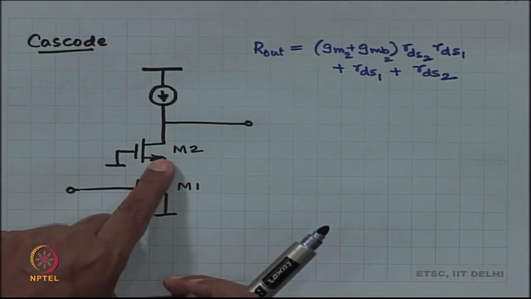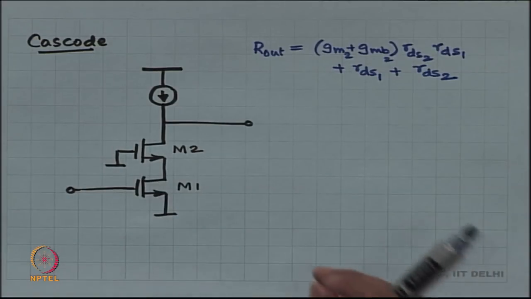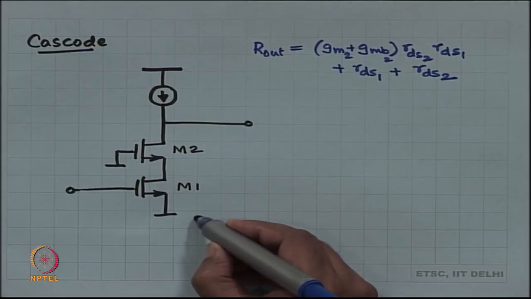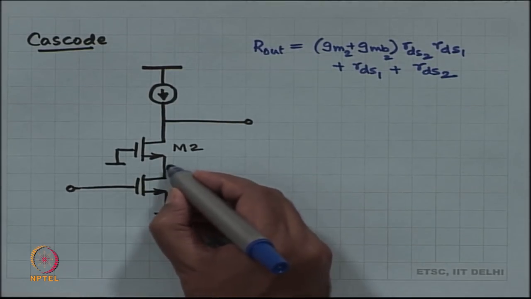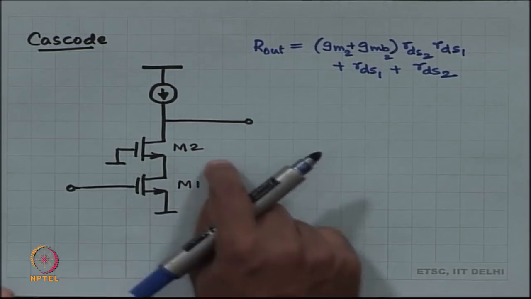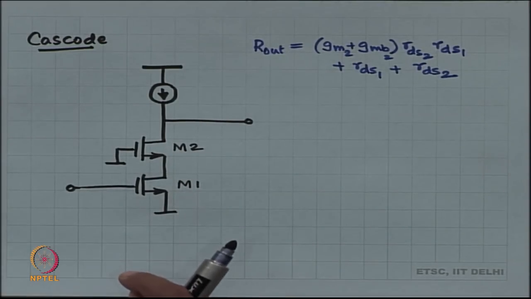The current now has to distribute itself between these two impedances. One is RDS of M1, which I am not drawing, and the other is whatever you are looking up into the source of M2. What do you see looking up into the source of M2?